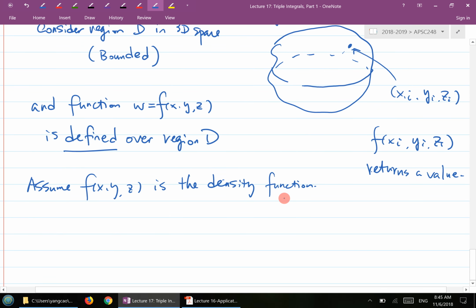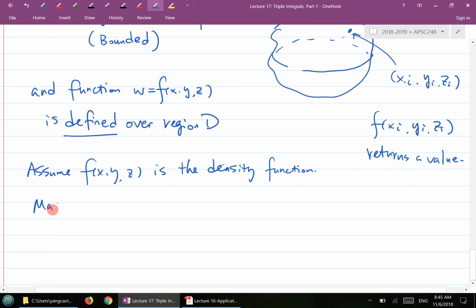Density is a concept like this: if you put in any point, you get a density there. So now the question is, what will be the mass of this solid described by a region D?